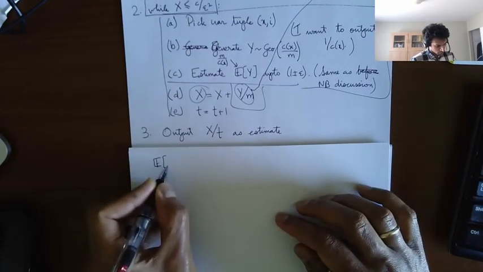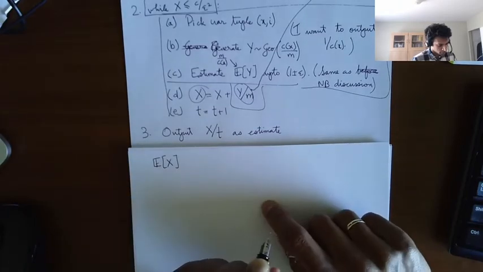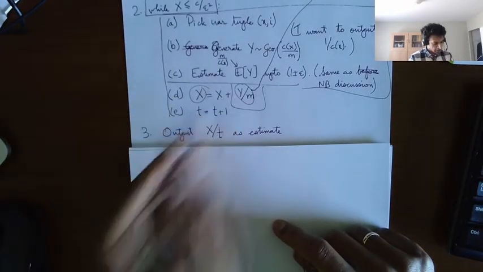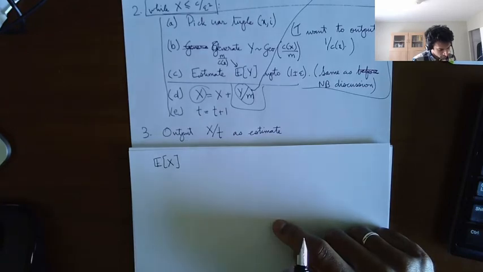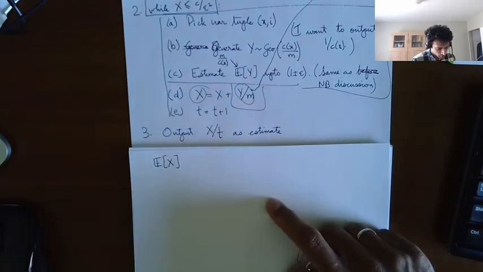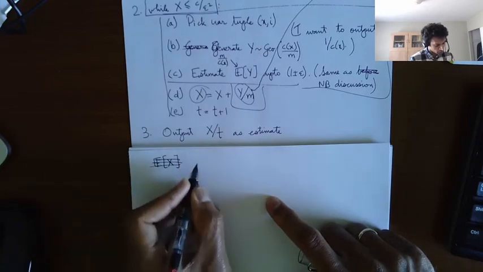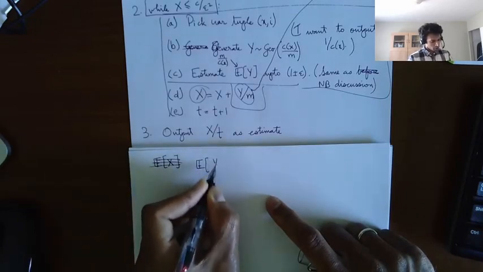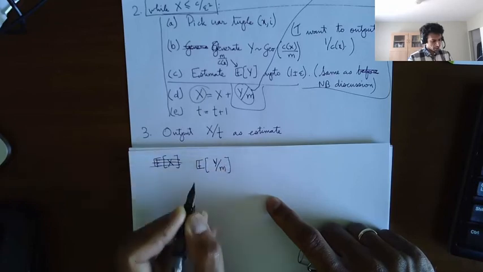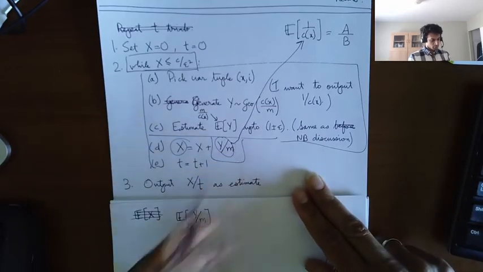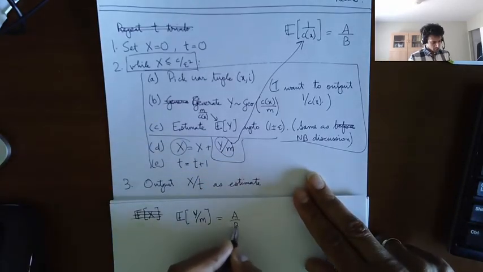So what is the expectation of x? Okay, so let's step back. The expectation of y divided by m, right? This is what you're adding, is a divided by b, which is mu.